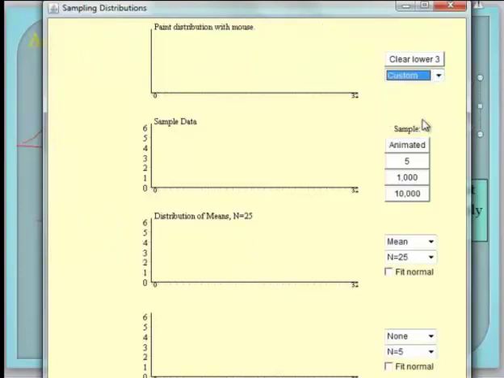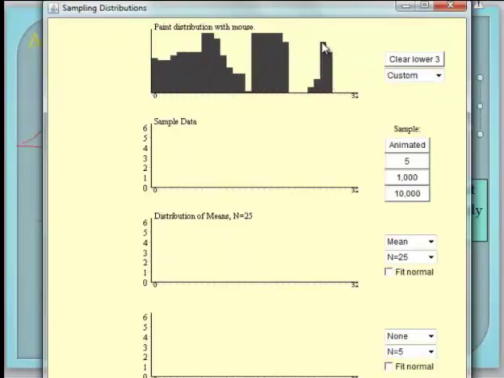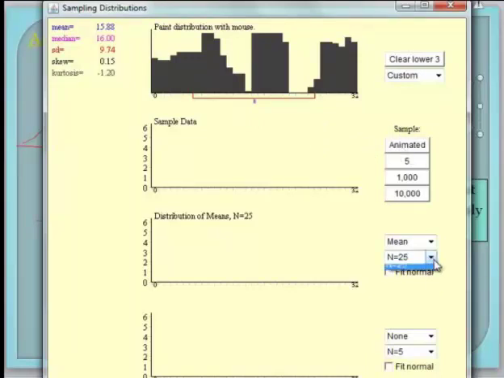Now I'm going to show you something really cool. Let's do a custom distribution. I'm going to make a totally bizarre distribution, like this. And let's take a sample of that. This time we'll leave it at 25. Look, there it goes, 25.